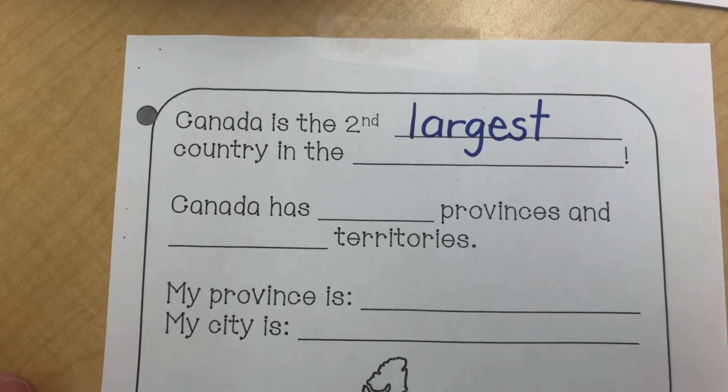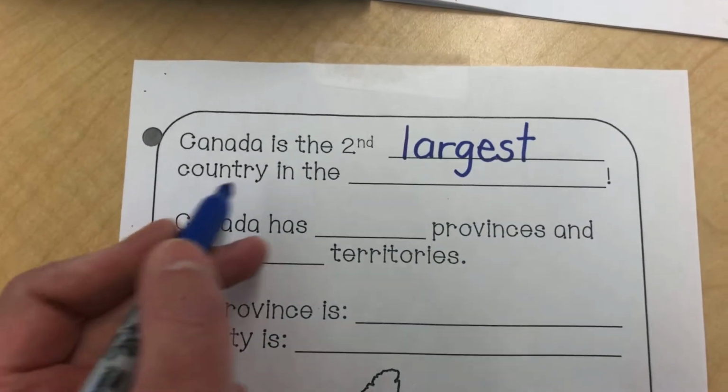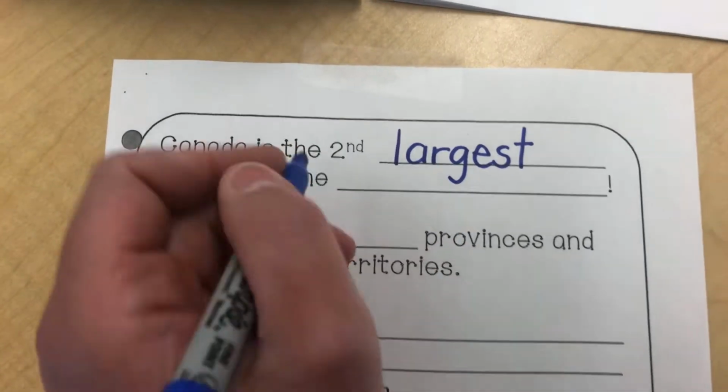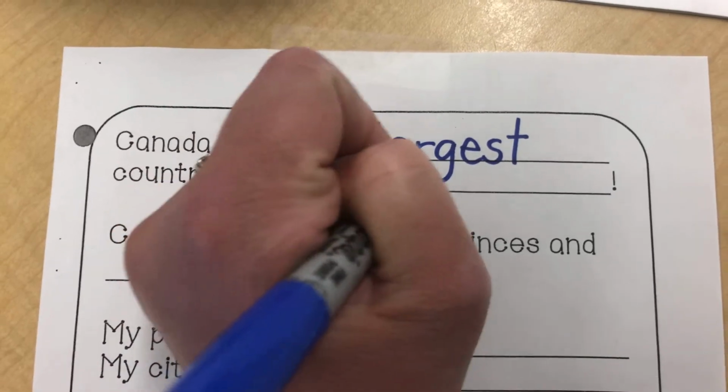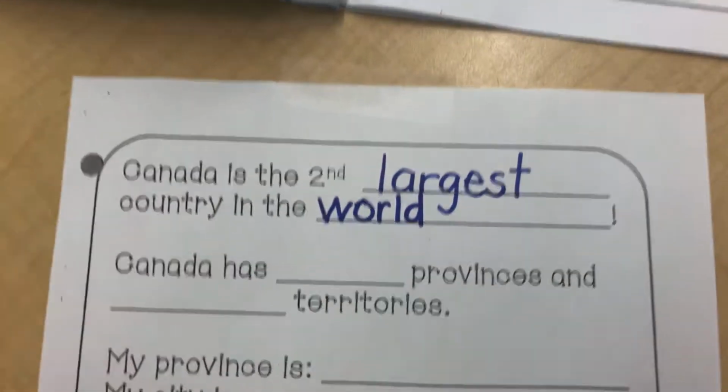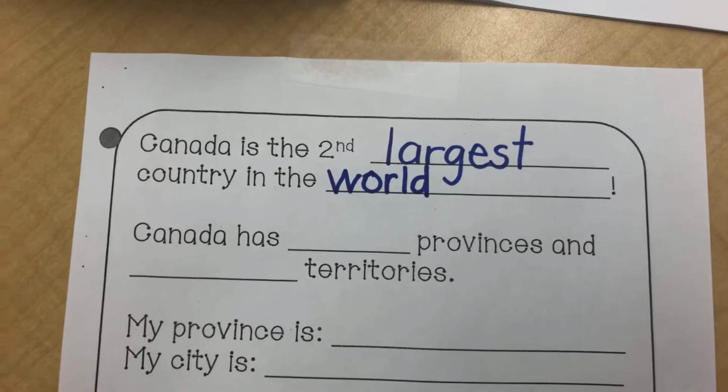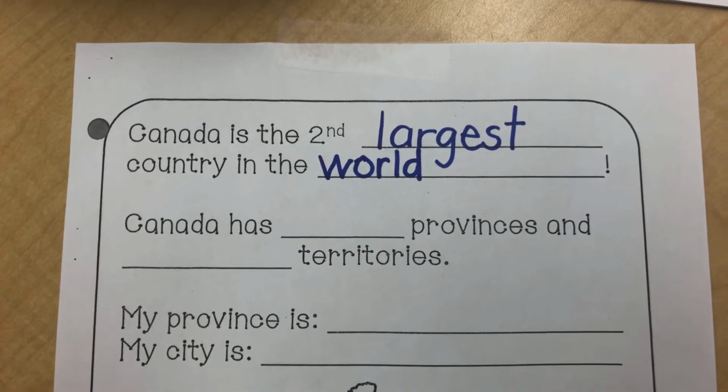So Canada is the largest country in the world. And the word is world, W-O-R-L-D. Okay, world. If you have to pause it, go ahead and pause it so that you can fill in those blanks.